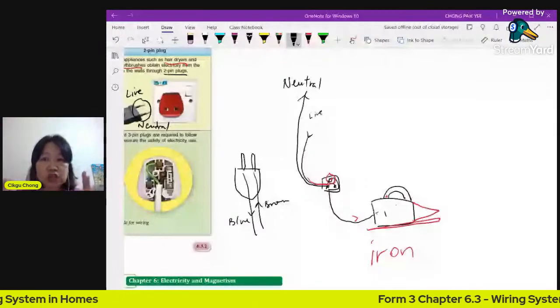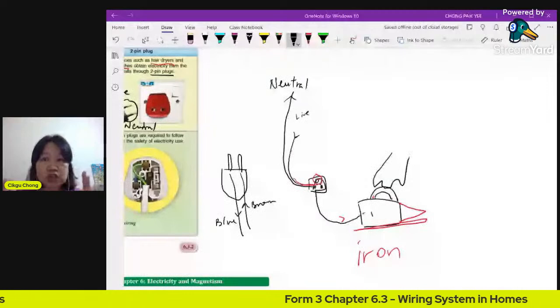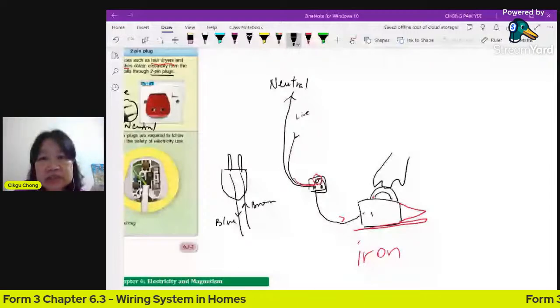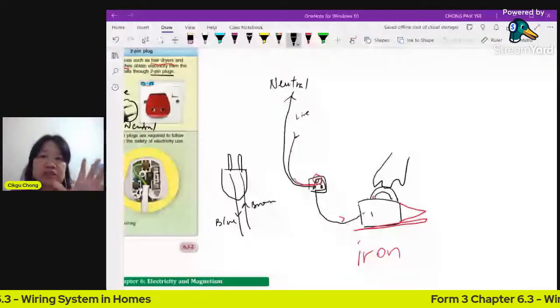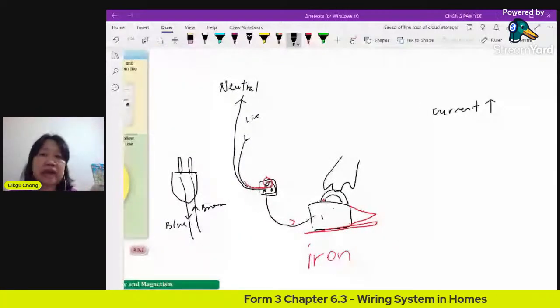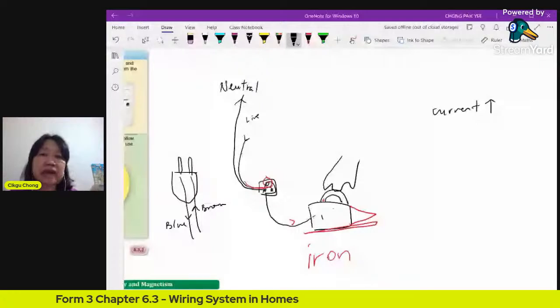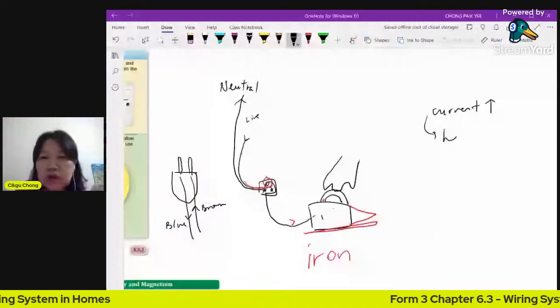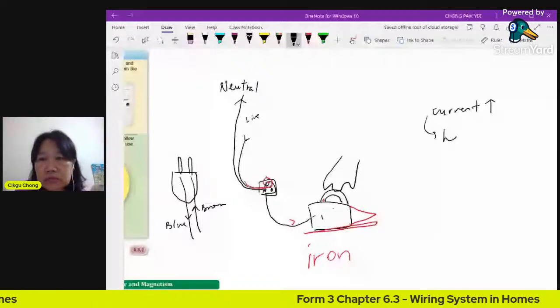Later on we have a topic on short circuits. When the current increases, it is not good, because sometimes you just need the minimum current to work your electrical appliances. If your current increases too high, maybe because of a lightning strike, that's one reason. Another reason is a short circuit. So your current will increase. This is going to cause heat.